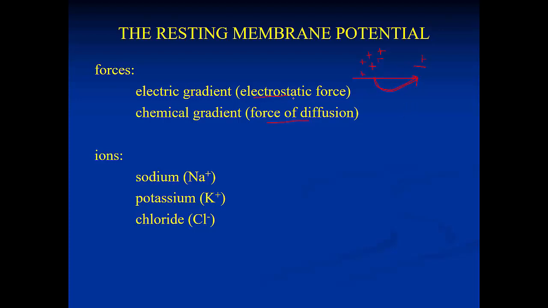So we have an electrical gradient where positive charges are going to try to move toward negative charges. Now, these negative charges can also move toward the positive charges, right? They'll move toward one another. Next is the chemical gradient. We're all familiar with this. If I have a chemical, chemicals are going to move from high concentration to low concentration.